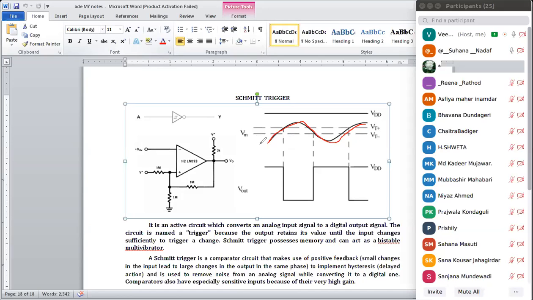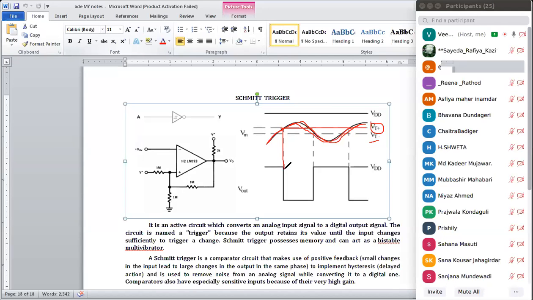In this input signal, there are two threshold voltages: one is threshold voltage minus and the other threshold voltage plus. So two voltages are going to be set. Whenever the input signal reaches the threshold voltage, when the input voltage is equal to the threshold plus voltage, what will happen at this time?